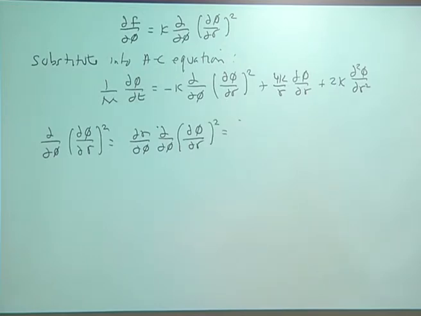And that becomes partial r with respect to phi times 2, right, just by the chain rule. And that becomes 2 with respect to r squared, because these things cancel, right? Oh, dr, yeah.